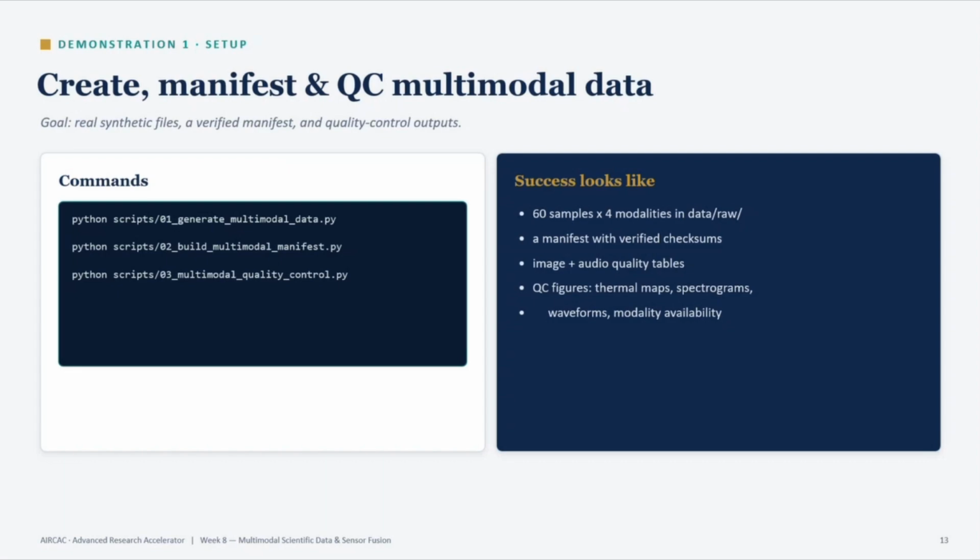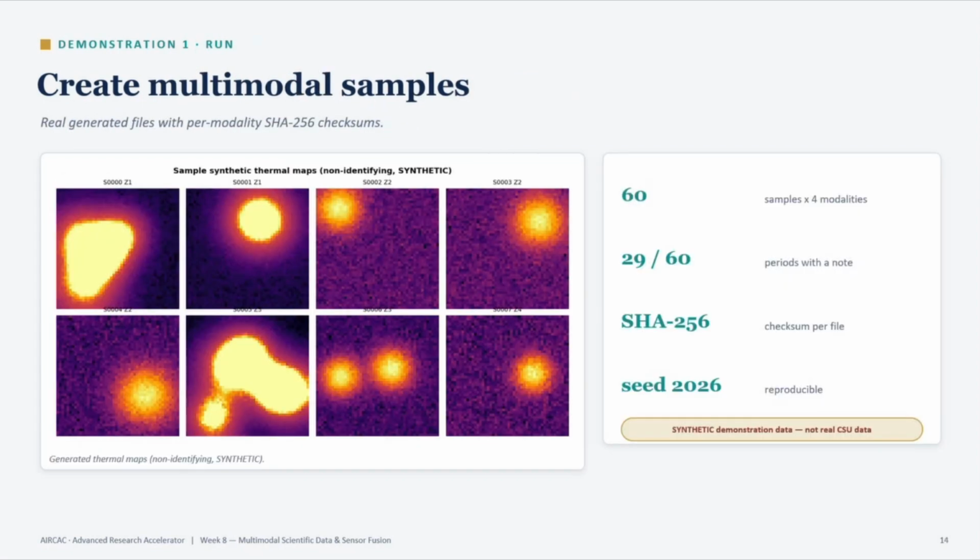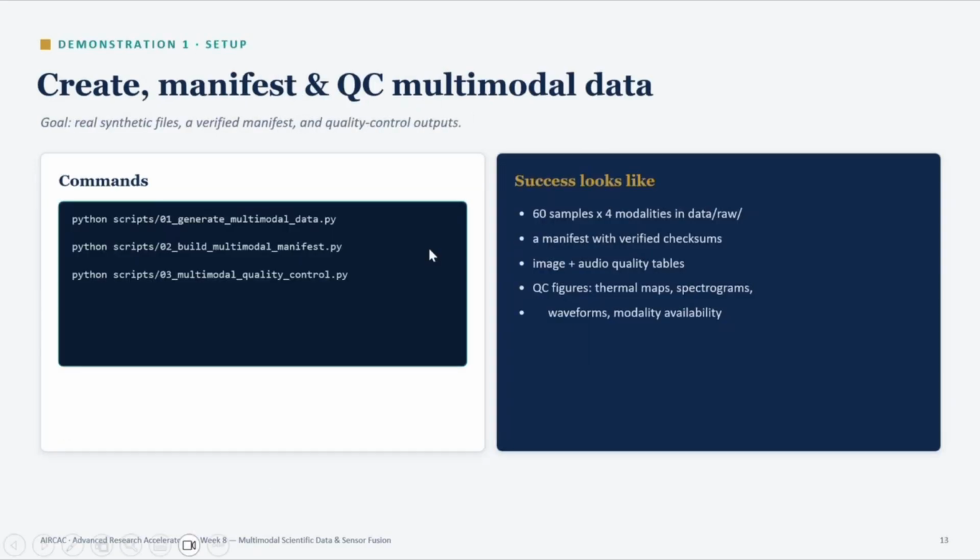If we switch to Visual Studio, we can run the Python scripts, the first one being generate multimodal data sets here. This is what we want to run. These are the three commands that we will create here.